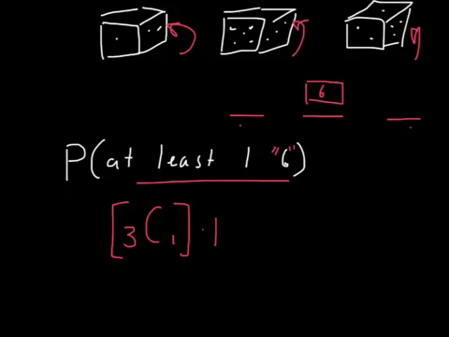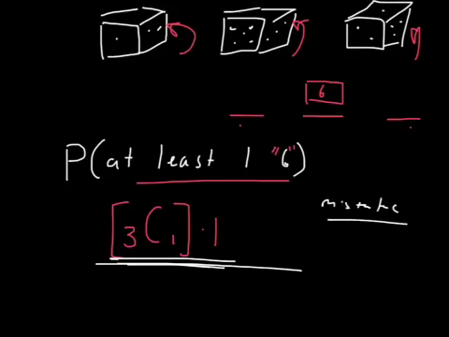And then I'm going to multiply that by, well, here's where the mistake is. People say, well, as long as I get this one 6 here, this is ensuring one 6. The mistake is to say, okay, as long as I have one 6, then anything could happen on the remaining dice: 6 squared.